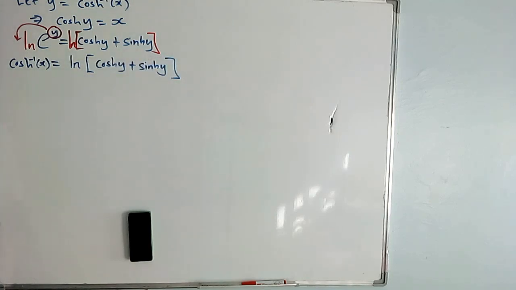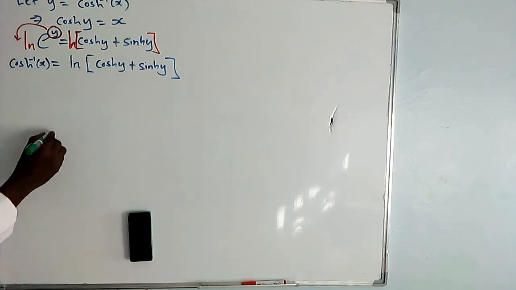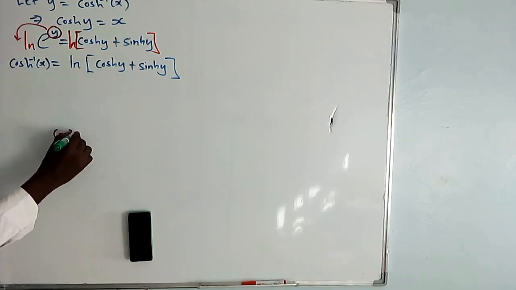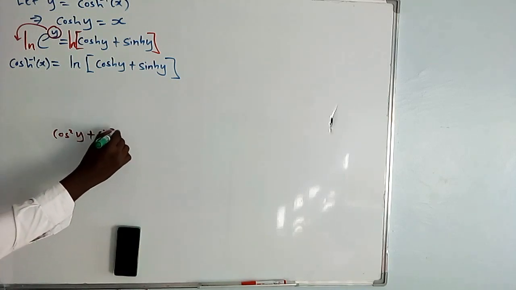So it means we have to get rid of cosh y and sinh y, isn't it? So you go back to the identity that relates cosh and sinh. You start with the trigonometric Pythagorean identity: cos squared y plus sin squared y is equal to 1.